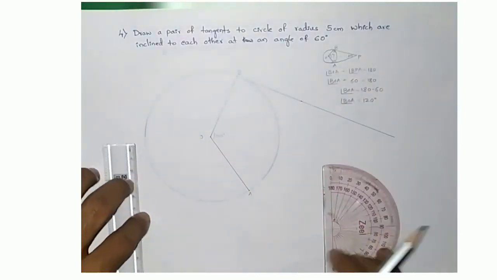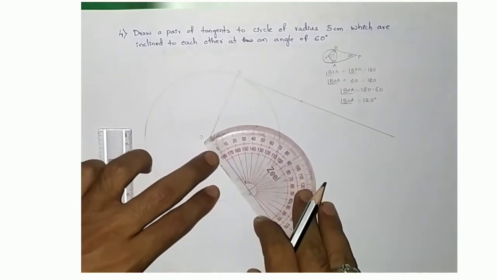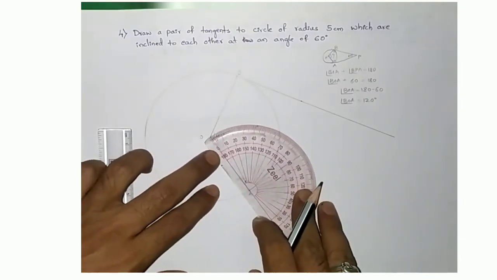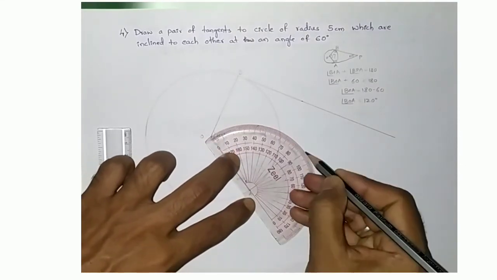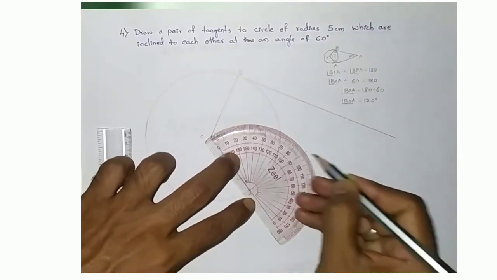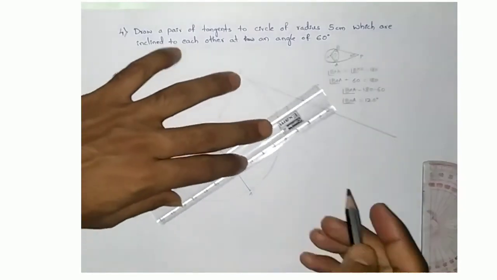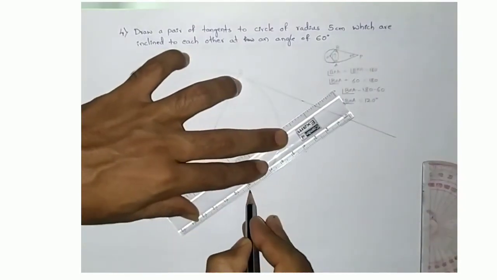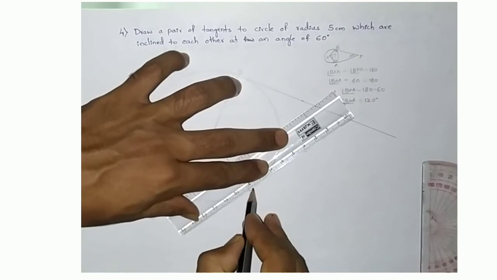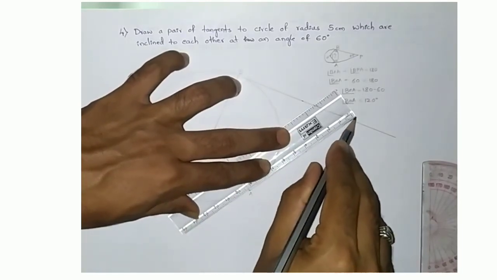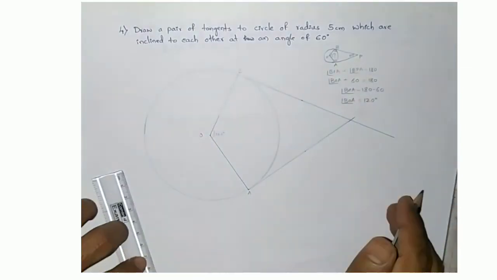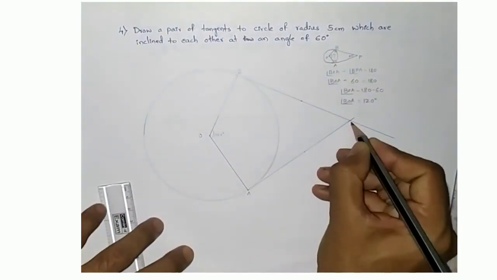Okay, same thing repeat at the point A also. Taking A as center, create a 90 degree angle and join those points until it intersects the earlier line. So here it is our P.